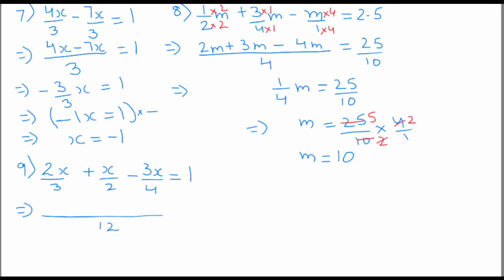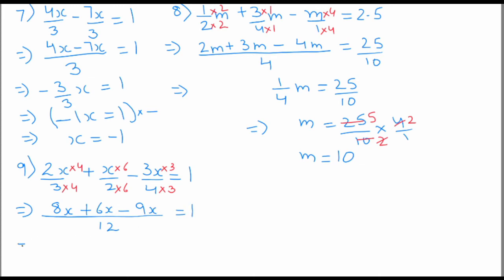Now see what should be multiplied to all the three fractions. 3 fours are 12, 2 sixes are 12, 4 threes are 12. Multiply the same number in the numerator and you will get 8x plus 6x minus 9x equals 1.